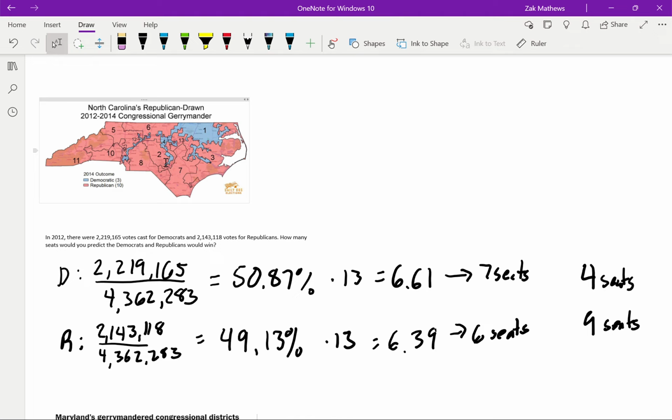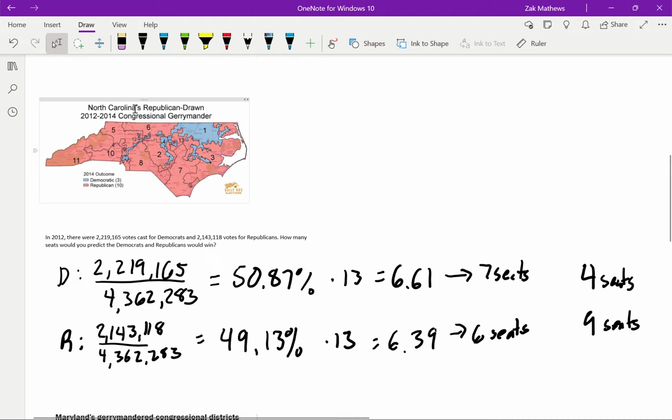In North Carolina's 12th, which is a little skinny one in here, the Democrats won 246,000 votes, the Republicans won 62,000. The deficit was about 180,000, versus the Republicans, the most they ever won by was about 60,000, and at times it is as low as 20 or 30,000.